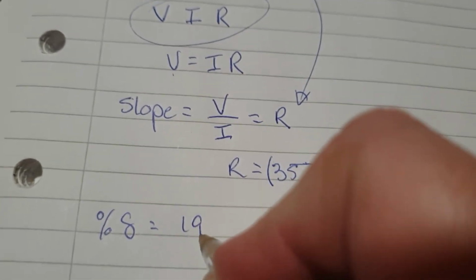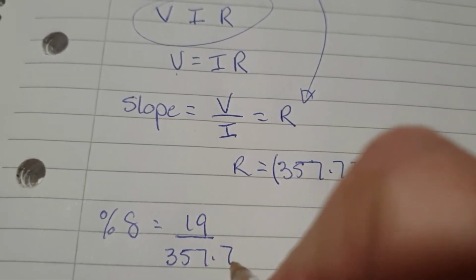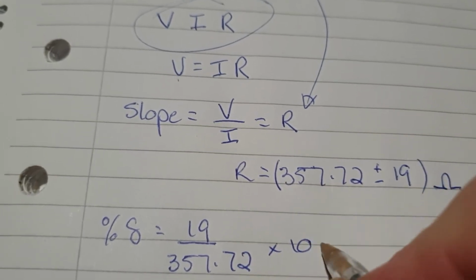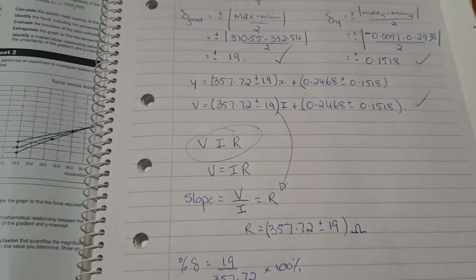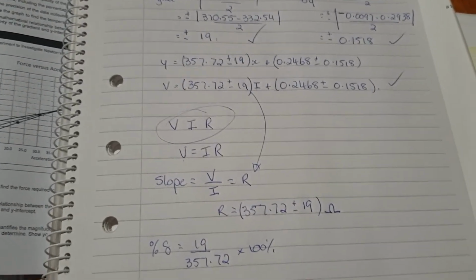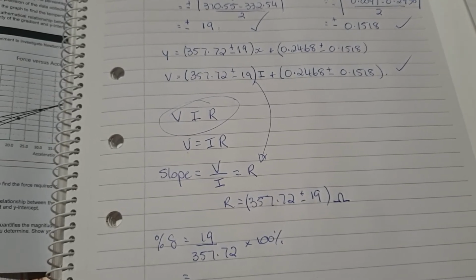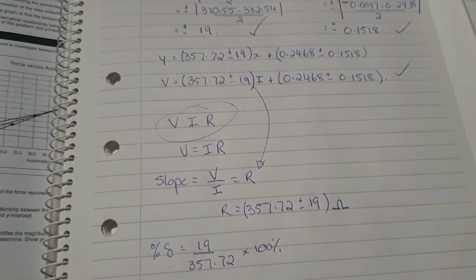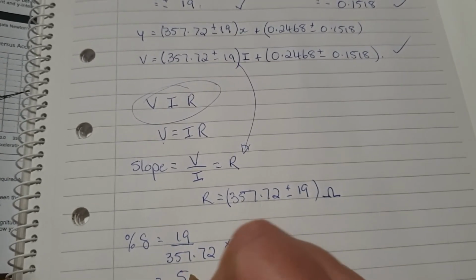So we would have 19 divided by 357.72 times 100%, which is 5.3%.